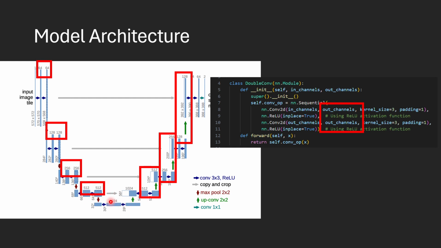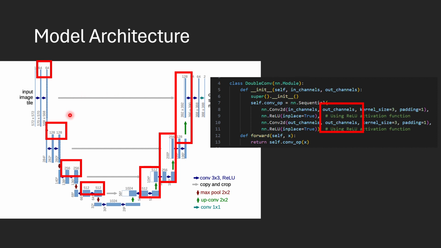The same thing here, 1024 twice. I don't know why I didn't draw a box here, but 512 twice, 256 twice, 128 twice. So every time I do a double convolution, I have to maintain the exact same number of output channels in both of my layers. That is the reason why my output channels remain the same in both of these layers. So that is about the double convolution block.